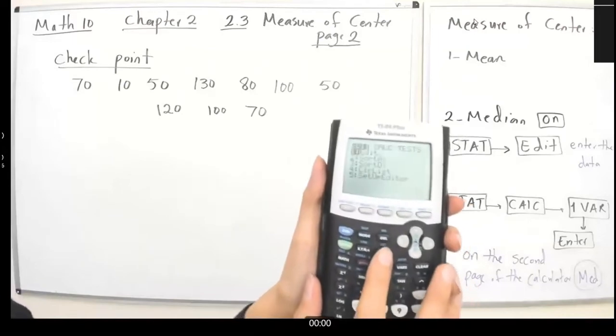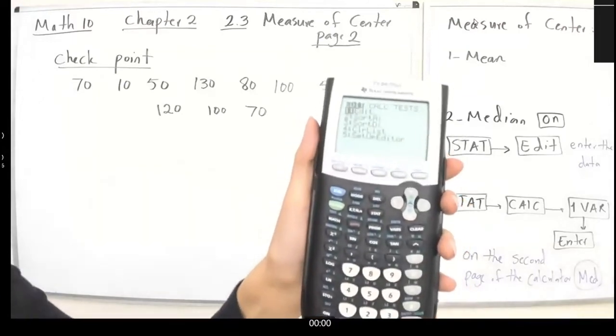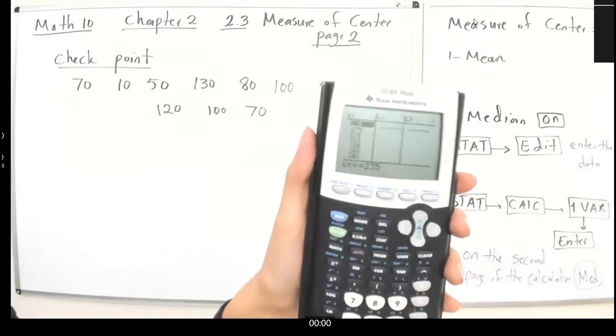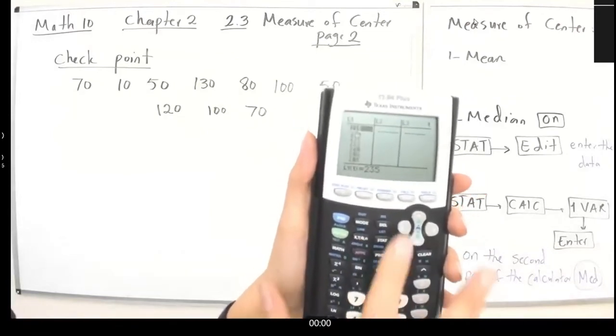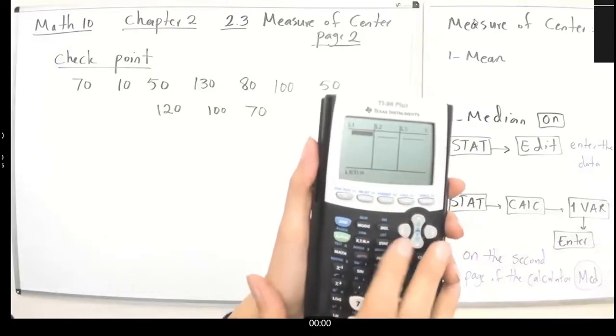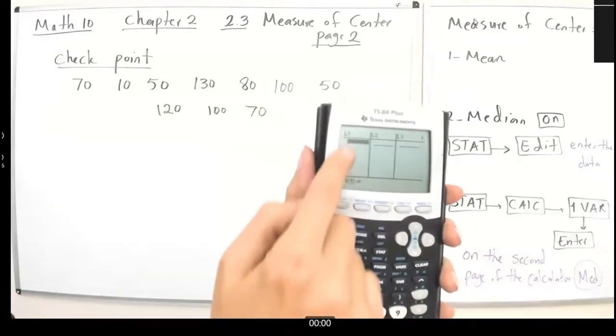So we're going to go to Stat. We're going to go to Edit. I'm going to delete all of these numbers from my previous list. So as you can see, nothing is in my L1.